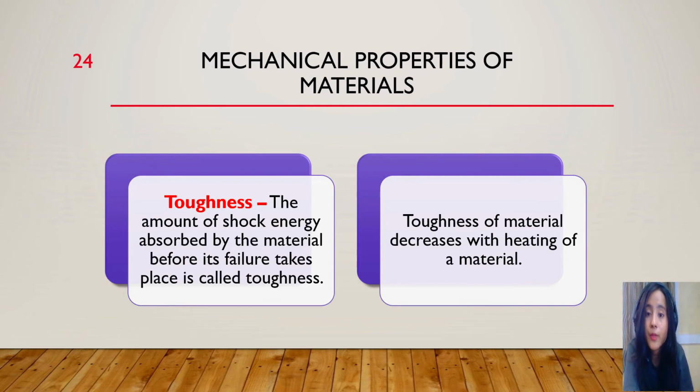The toughness of a material decreases with heating. If I take the same stone, heat it, and apply a force on it, the stone will become brittle in nature and break quickly. So toughness is reduced when the material is heated.